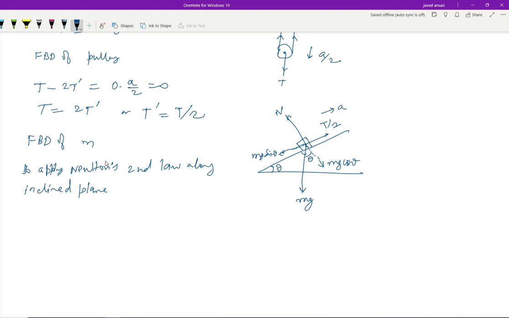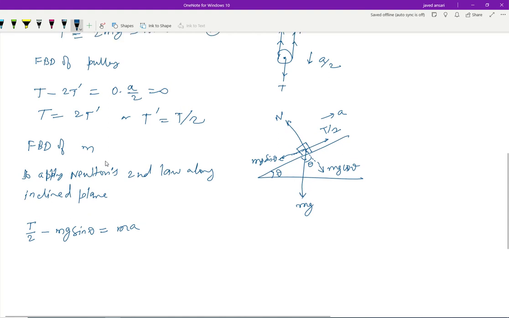So let's say the net force upward is T by 2, and then in opposite direction we are seeing mg sin theta will be equal to how much? Mass times acceleration. That's it. In vertical direction also you can have a component equation, but that will not be needed here because you will get N equal to mg cos theta, right? Which is fine. You don't need N right now.